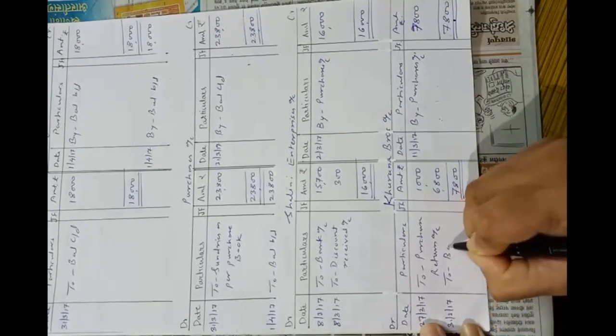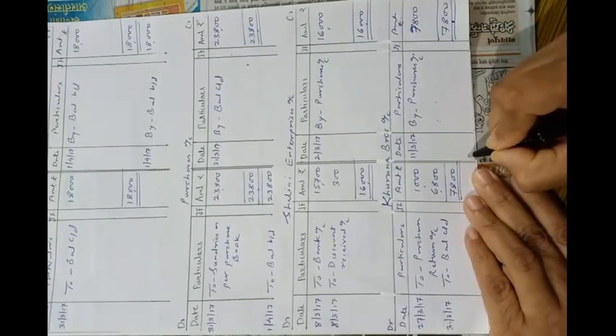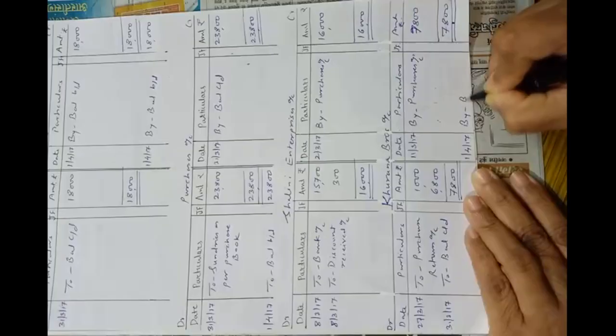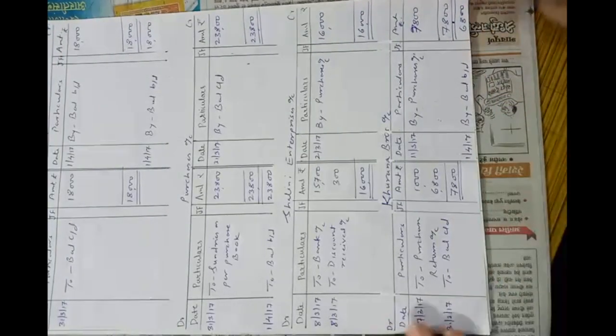To balance carried down 6,800 opposite side below the total on 1st April 17 by balance brought down 6,800.